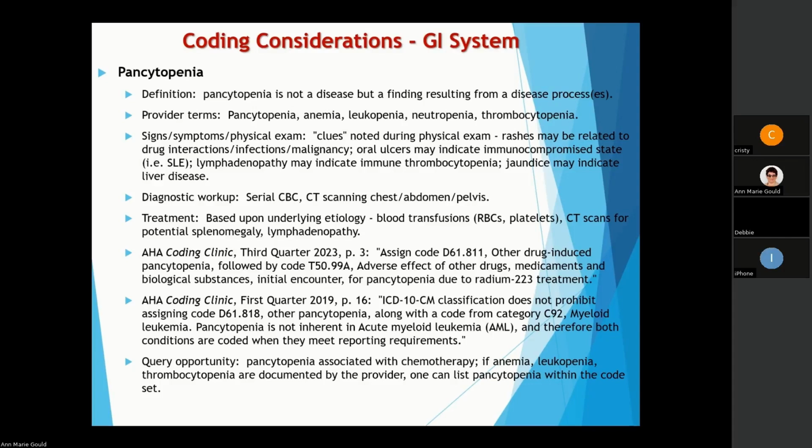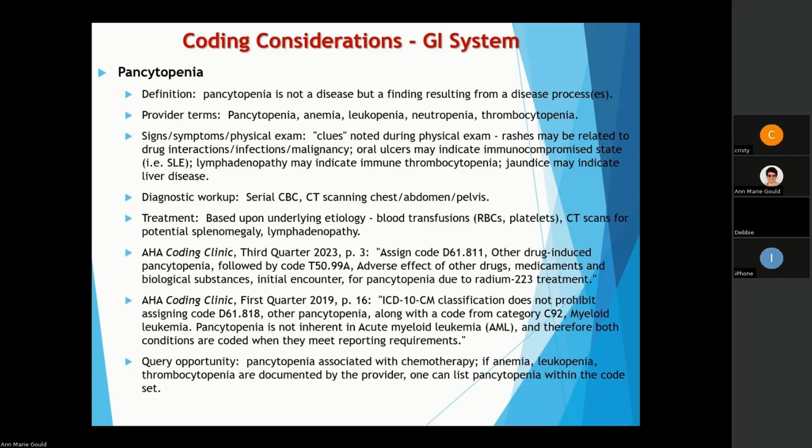Another Coding Clinic, from first quarter 2019, page 16, states that the ICD-10-CM classification does not prohibit assigning code D61.818, other pancytopenia, along with a code from category C92, which is your myeloid leukemia. Pancytopenia is not inherent in acute myeloid leukemia, or AML, and therefore both conditions are coded when they meet reporting requirements.